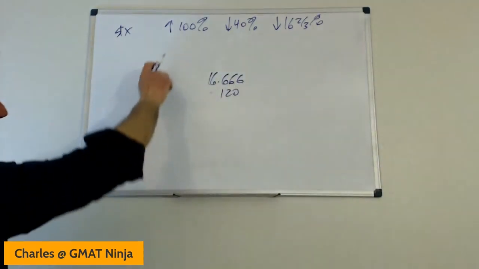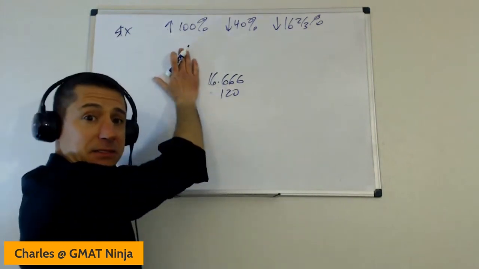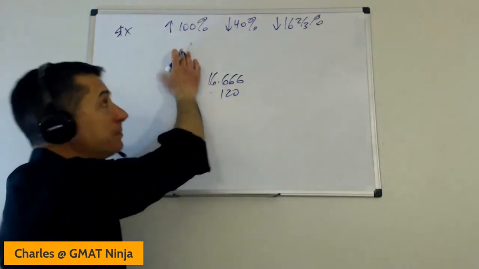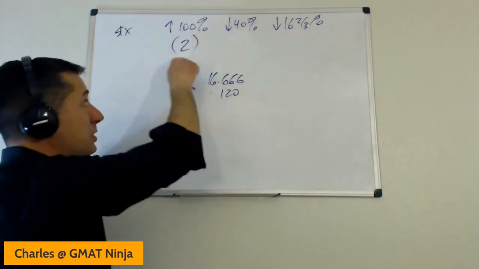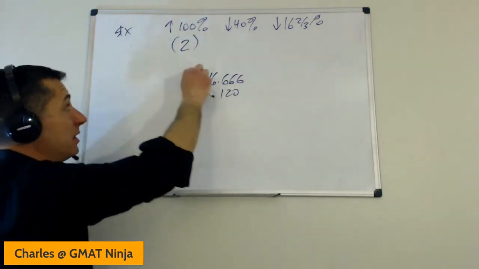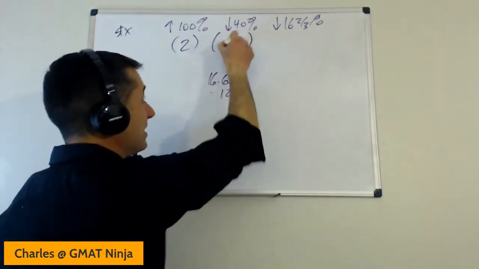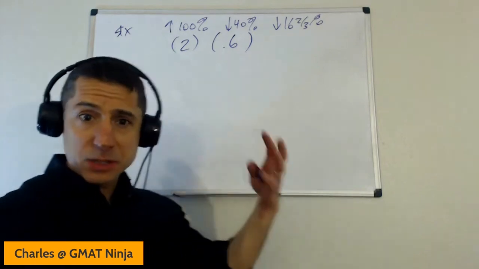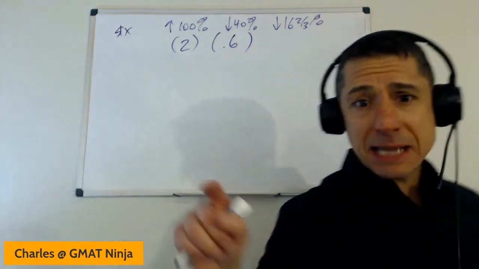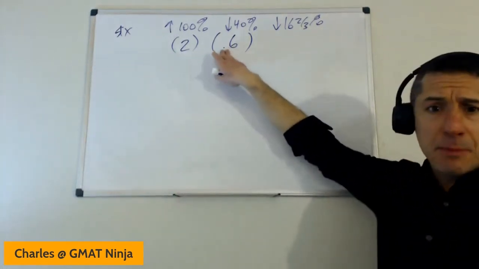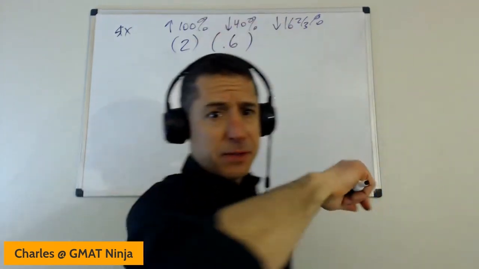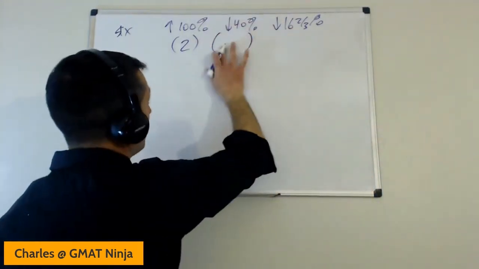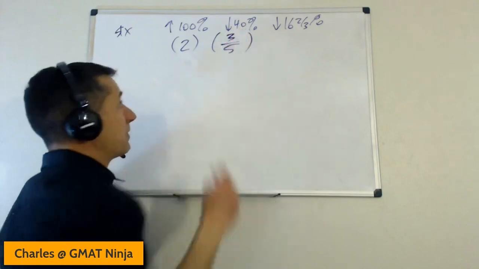If something goes up by 100%, I multiply by 2. If it then goes down by 40%, I multiply by 0.6. I prefer to use the fraction, but if it helps, a lot of you use Excel in your daily lives, so putting in 0.6 is fine. I can translate it to a fraction later: that's 3/5.